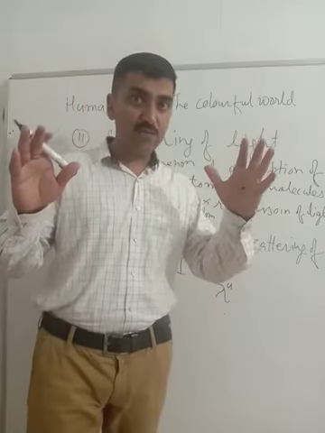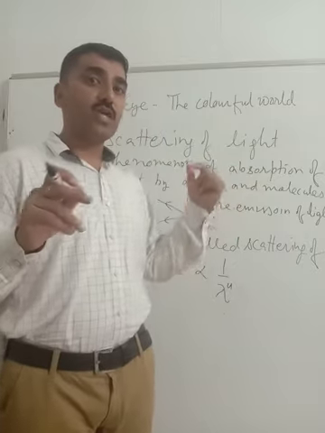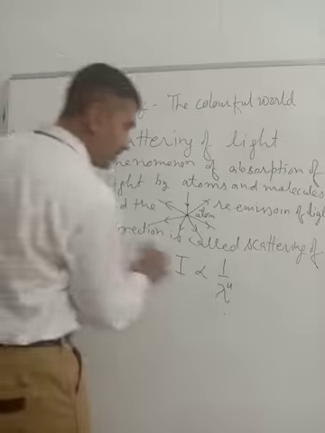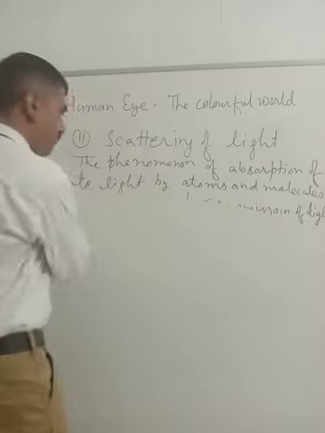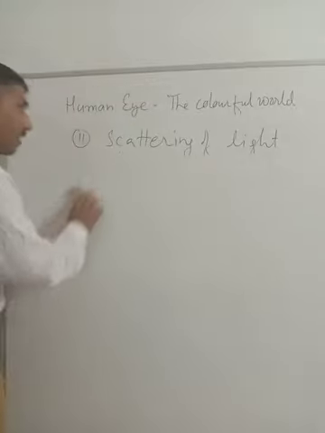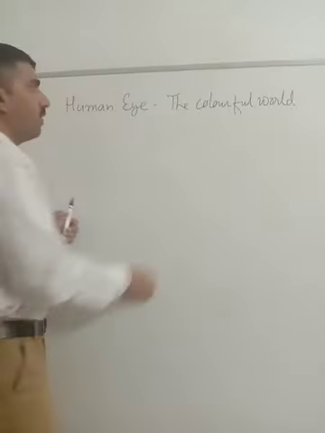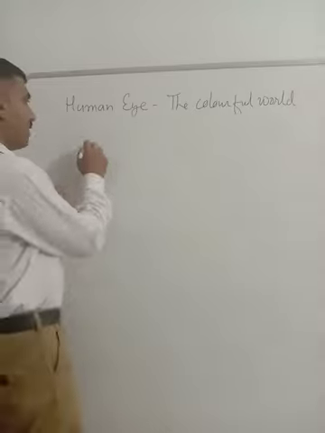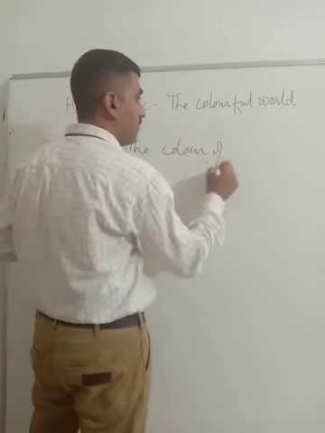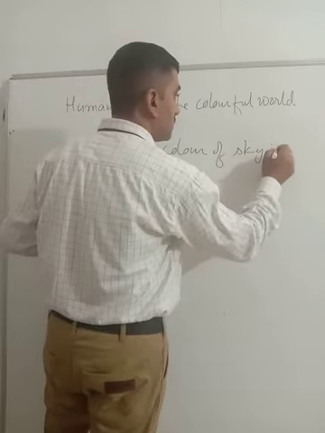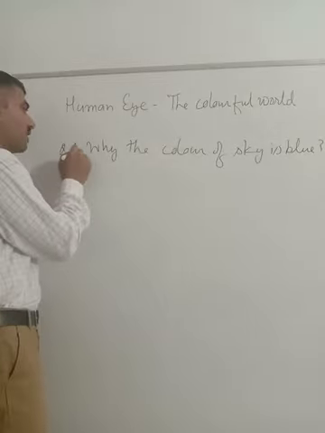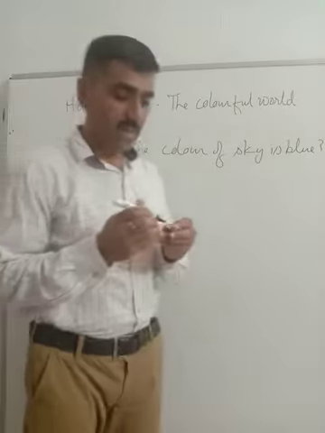The blue color of the sky is because of the scattering. The question why the color of the sky is blue generally comes in exams. You should know different things we explain with the help of scattering, like the white color of the clouds also. You can explain the blue color of the sky with the help of scattering of light.